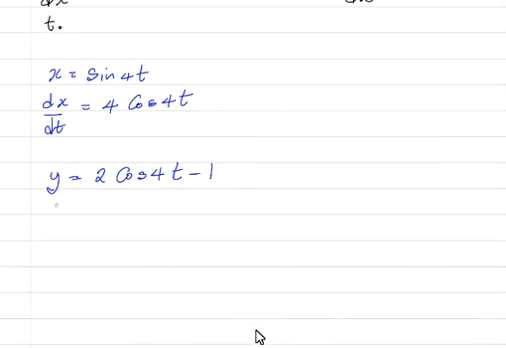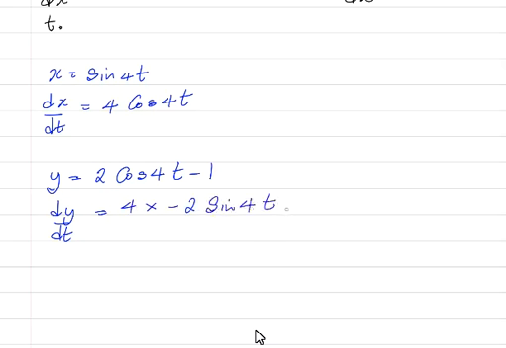Now dy by dt is equal to, you differentiate cos, you're going to get minus sine. So this is 4 times minus 2 sine 4t.